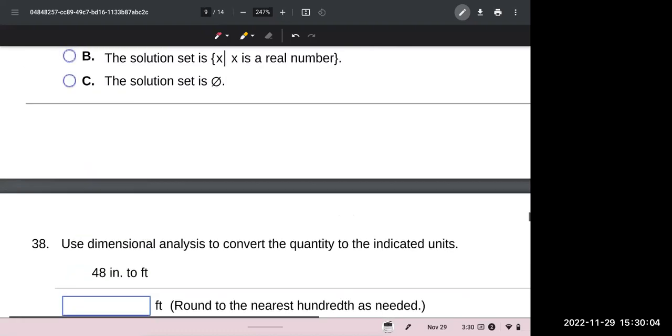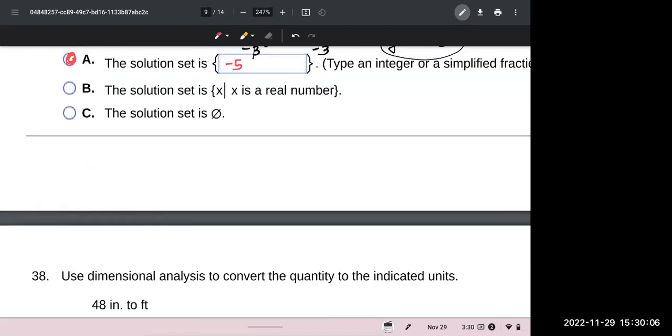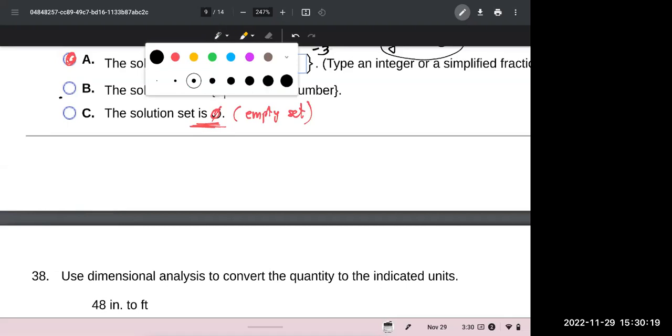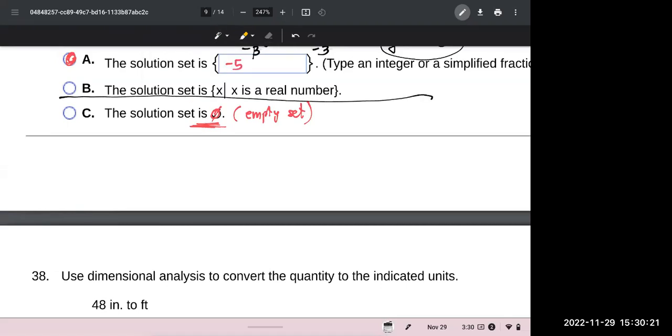So you will have the equation, you will select C. The solution set, this symbol, I want to just quickly mention, means empty set. You will have solution empty set. Let me just give you the example for empty set. You're solving an equation, for example, and you end up with 2 equal 3.